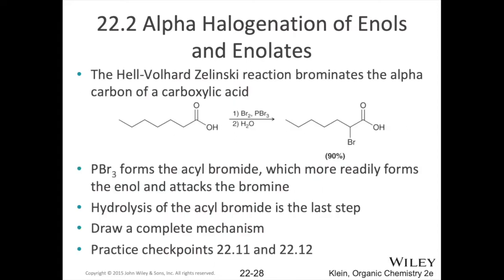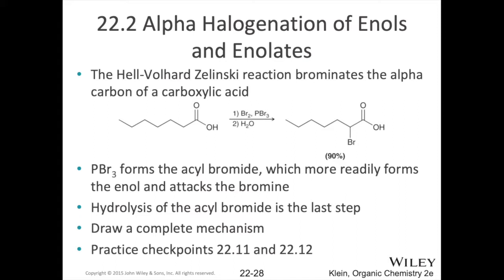Another way to do this with much better yield and rate is the impressively named Hell-Vollard-Zelinsky reaction, or Hell-Vollard-Zelinsky halogenation, which is arguably the best name for an organic chemistry reaction ever. Basically, we include phosphorus tribromide, which goes on to form the acyl bromide as an intermediate.